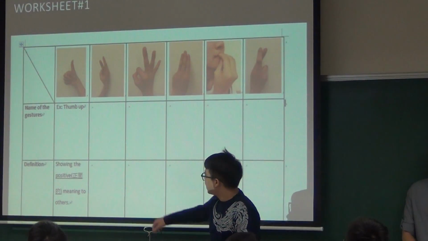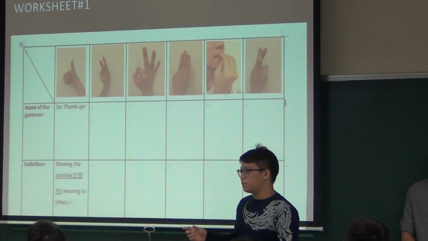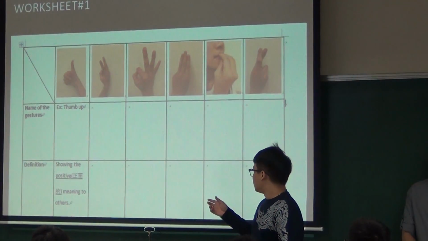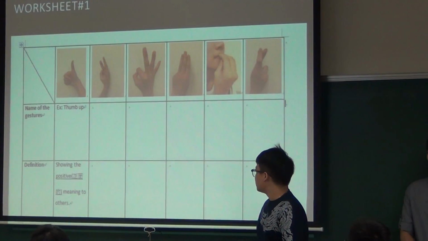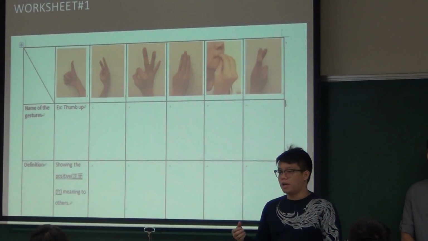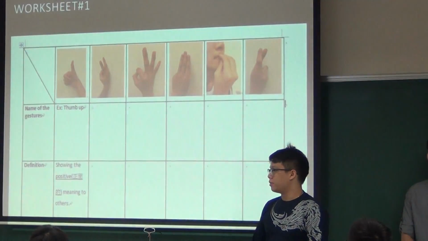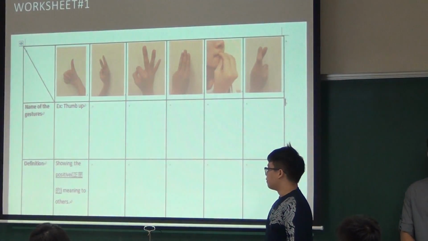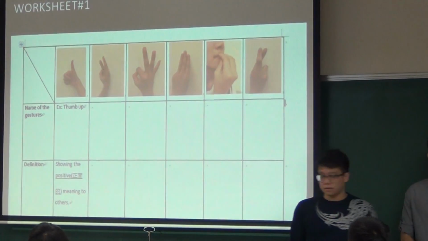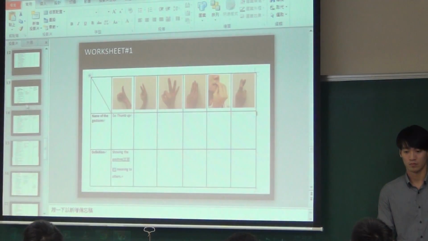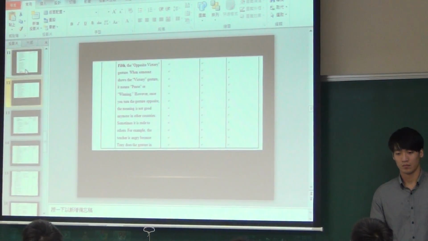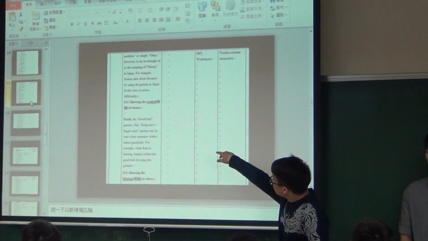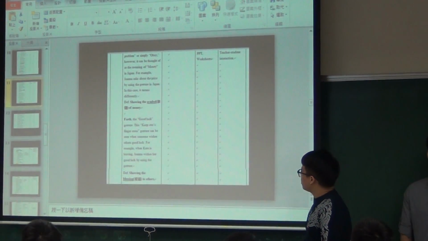As you can see, we're highlighting the positive, which means each of the definitions contains vocabulary inside, and we will not put more emphasis on the vocabulary. The reason why is that we want the students to learn the vocabulary unconsciously. As you can see on the PowerPoint, it's the definition of the gesture.